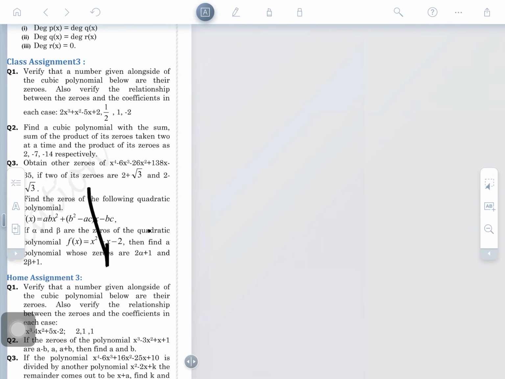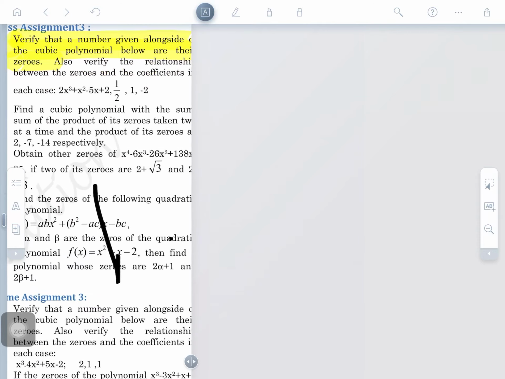Class 7.3: verify that the numbers given alongside the cubic polynomial below are its zeros. Please listen to the question. It means there is some polynomial you have been given. You may see the polynomial before you.